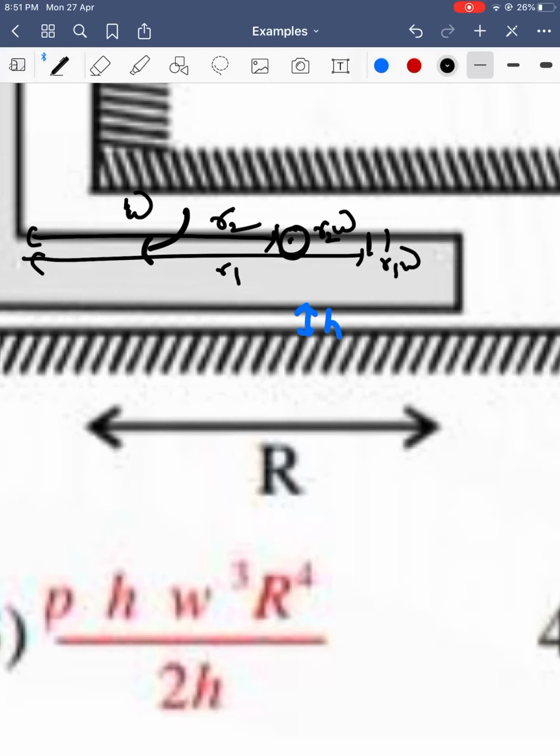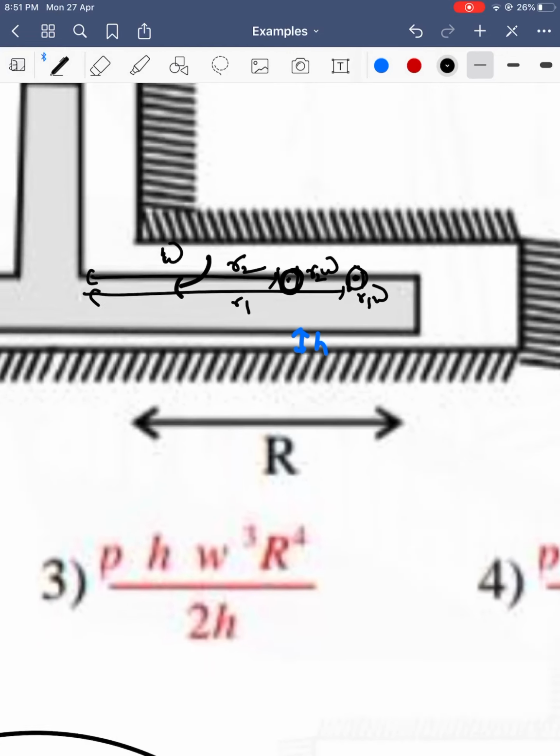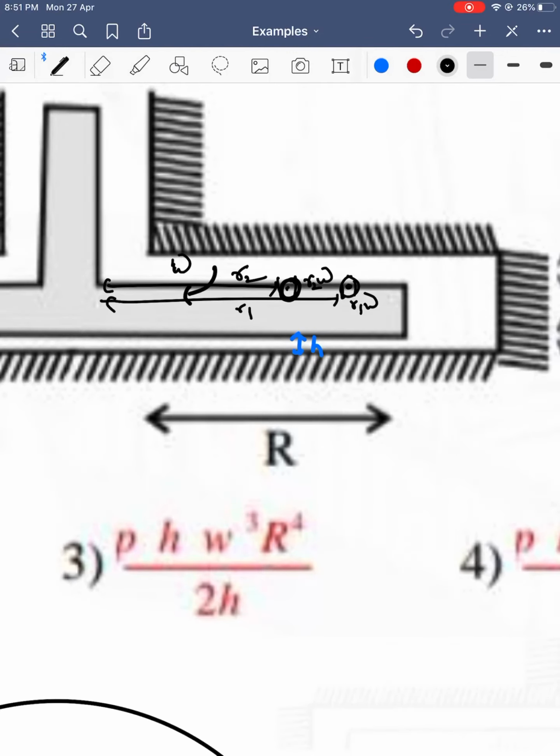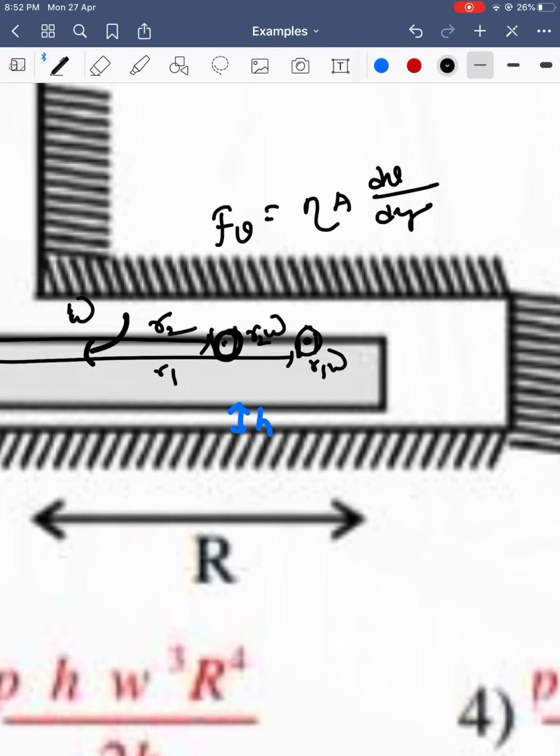So at every place, what is acting, if it is r omega on the outside, what will be the viscous force value? So viscous force is equal to mu A dv by dy.